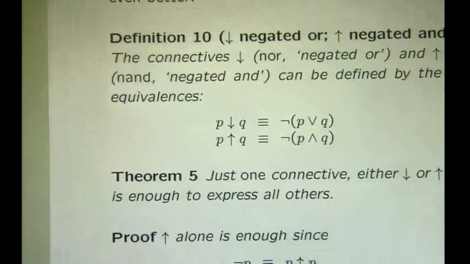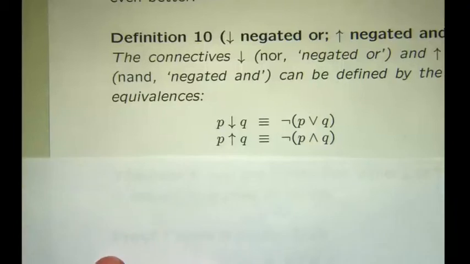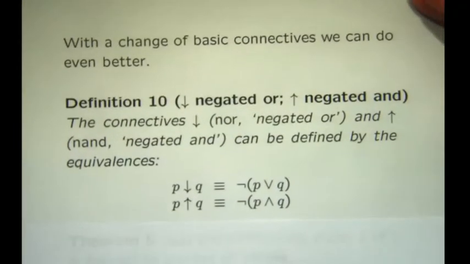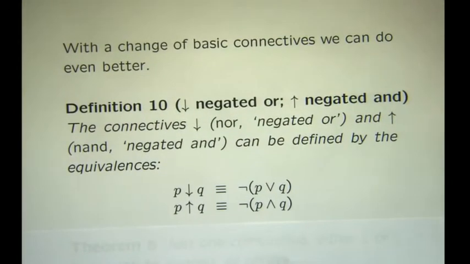At the moment, we've got to the position where we know that it would be okay to have a NOT and just an AND, that would be all right, or we could have a NOT and just an OR. Just one of those collections of 2 operators we've seen would be enough.